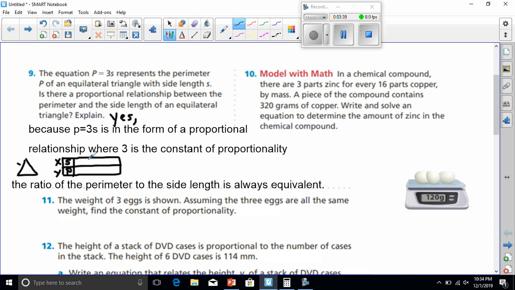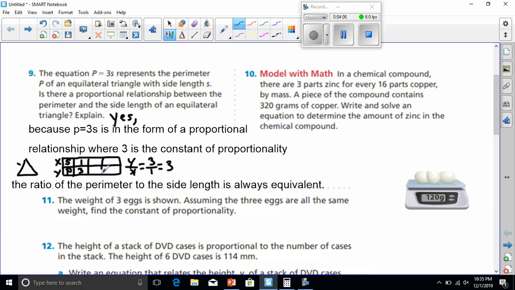In this particular one here, when the sides are 1, the perimeter will be 1 plus 1 plus 1, which is 3. And remember, we always put our formula in the format of y over x. And y over x would be 3 over 1. And of course, that's going to equal 3.